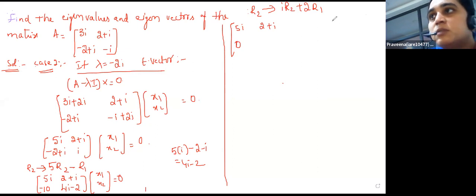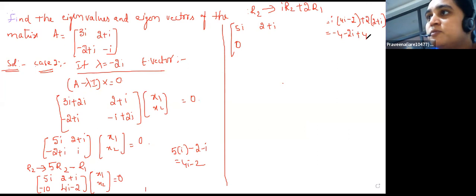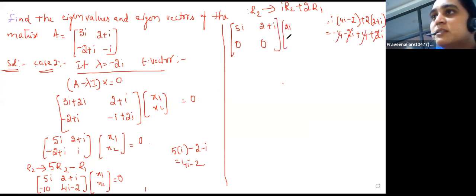I into R2. That is I into 4i minus 2, plus 2 into 2 plus I, right? That is 4i into I, minus 4, minus 2i plus 4 and plus 2i. Right? Therefore, again it will cancel. Minus 2i plus 2i, 4 minus 4 is 0. Into x1, x2 is equal to 0, 0.